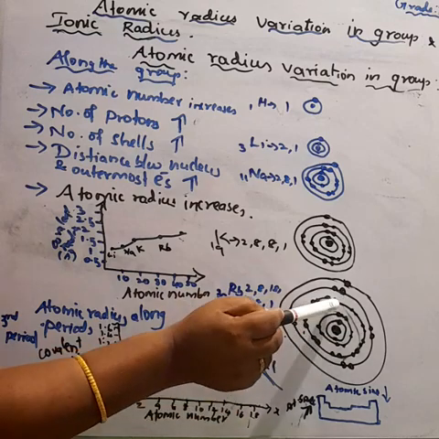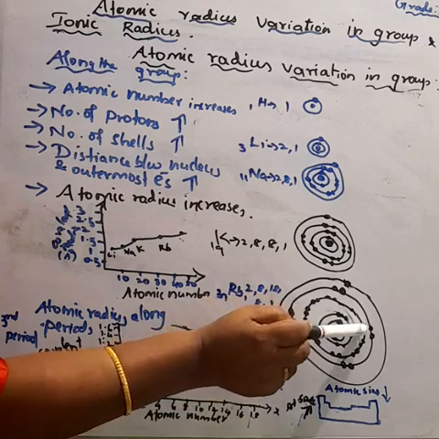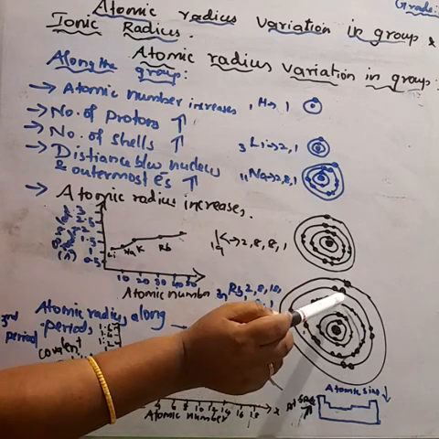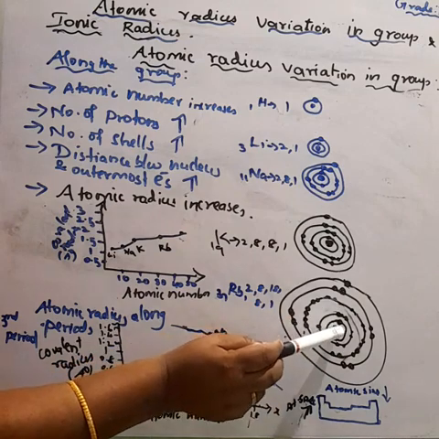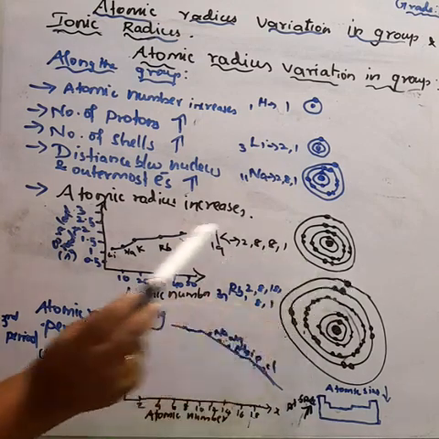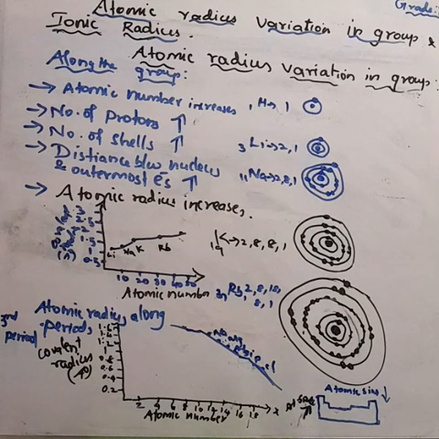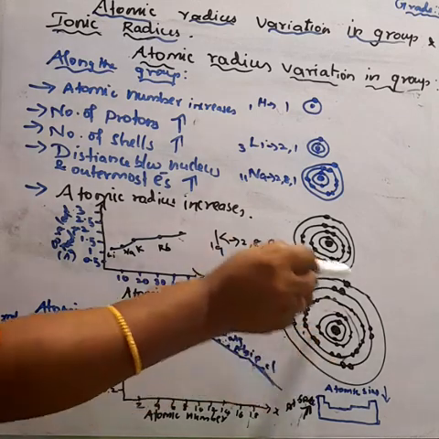The inner electrons act as a screen. The inner electrons repel each other, so the nuclear force is less here. Okay, understood? So because of this, the atomic size increases.